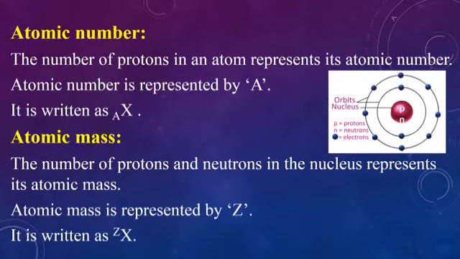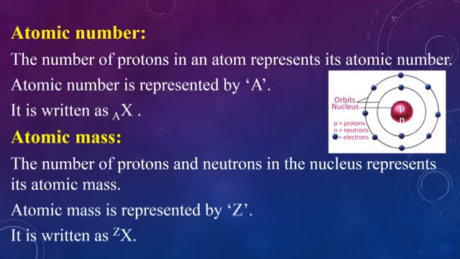Okay, students, let us discuss atomic number. What is the atomic number? The number of protons in the nucleus of an atom represents its atomic number. It is represented by A, and it is written as X, with A in the lower index.